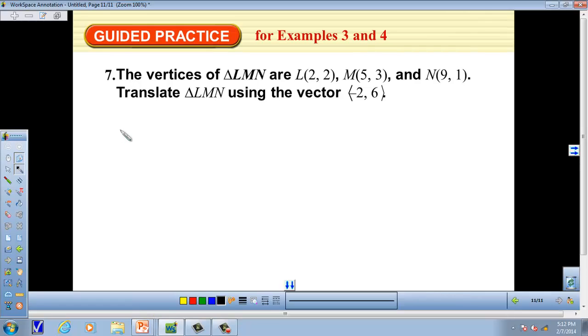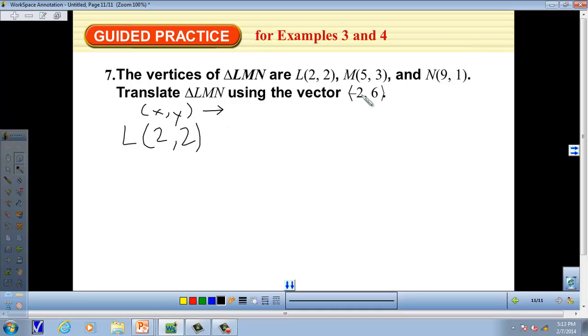So if we look at it, L, which is at (2, 2). Again, what this means is (x, y) becomes, since it's -2, x minus 2, and y would be y plus 6. So that's just another way of writing the same thing. So L prime would be 2 minus 2, which is 0, and 2 plus 6, which is 8.